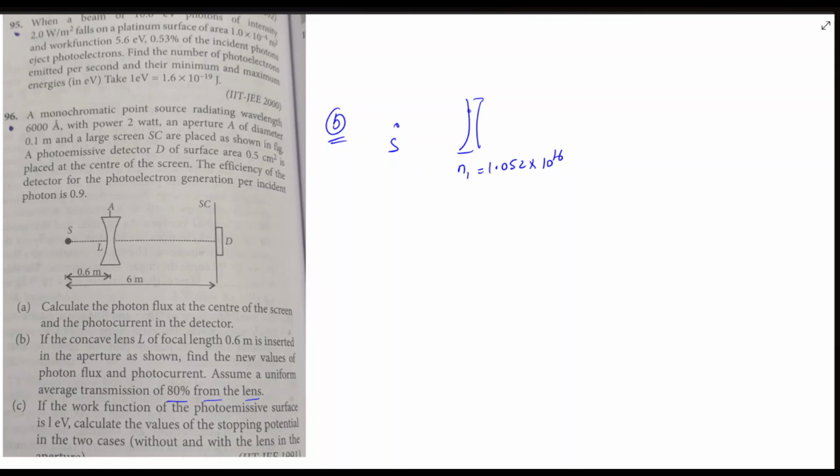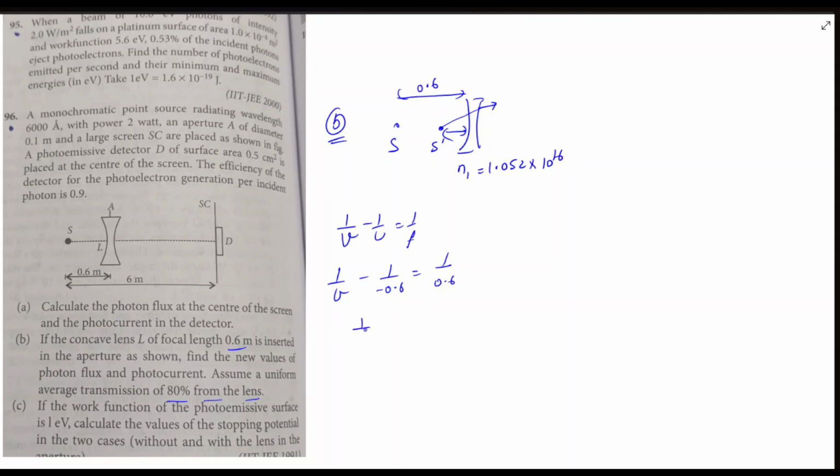Now, if this is the source, as soon as these photons pass through this, they will diverge and will look like this. This was our source. So if the focal length is 0.6, let's calculate this distance. We will use 1/v minus 1/u equals 1/f. So 1/v, minus this minus 0.6, equals, and the focal length given is 0.6.